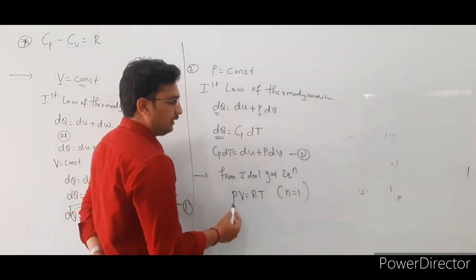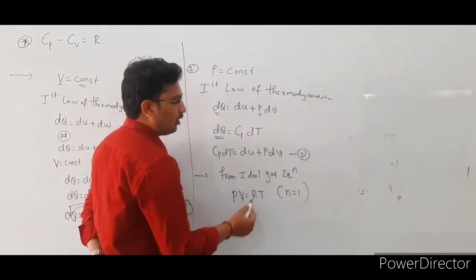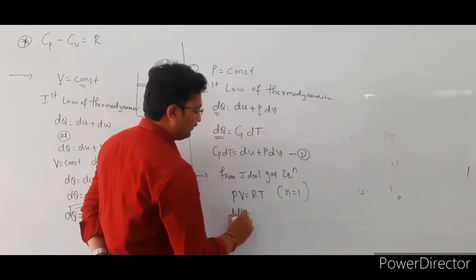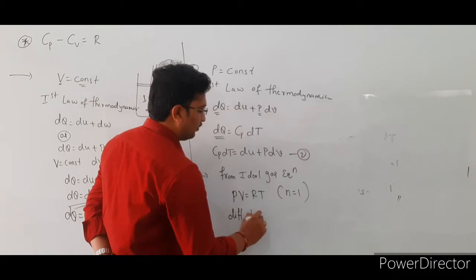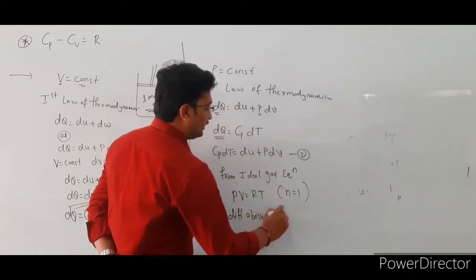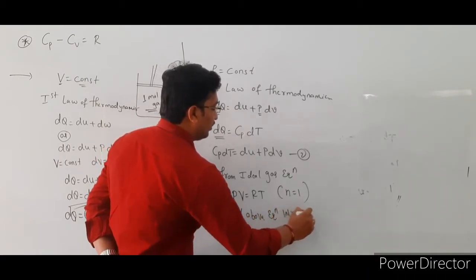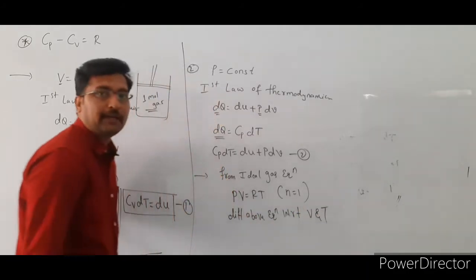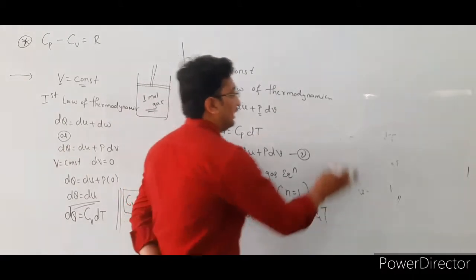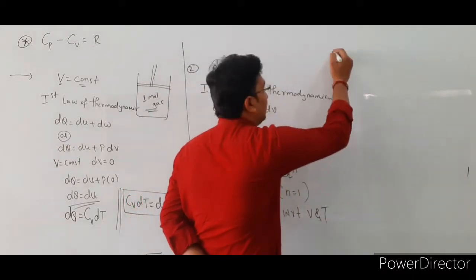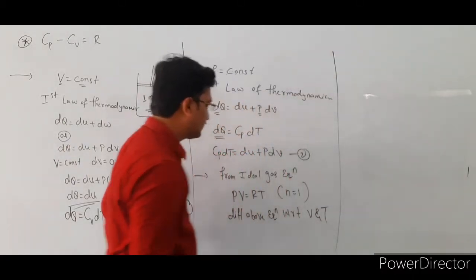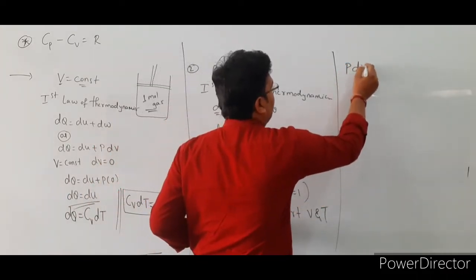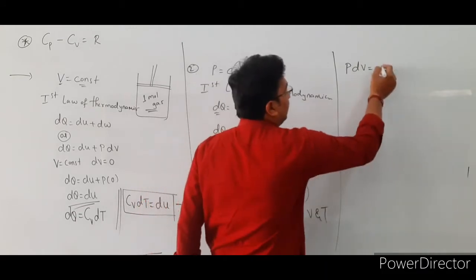Next, we are going to differentiate this equation with respect to volume and temperature. So the equation becomes, P is a constant term, P dV is equal to R dT.